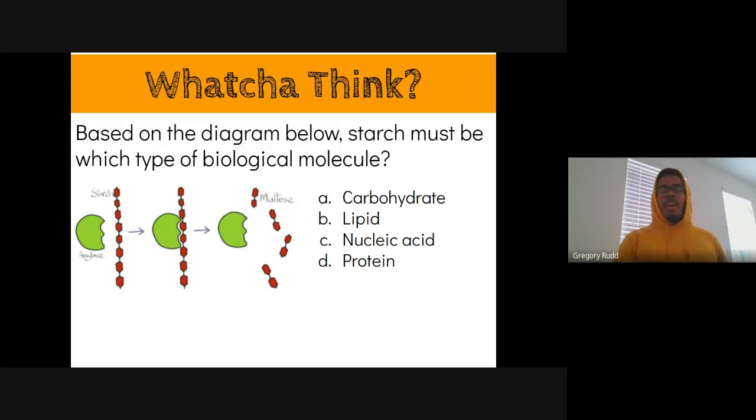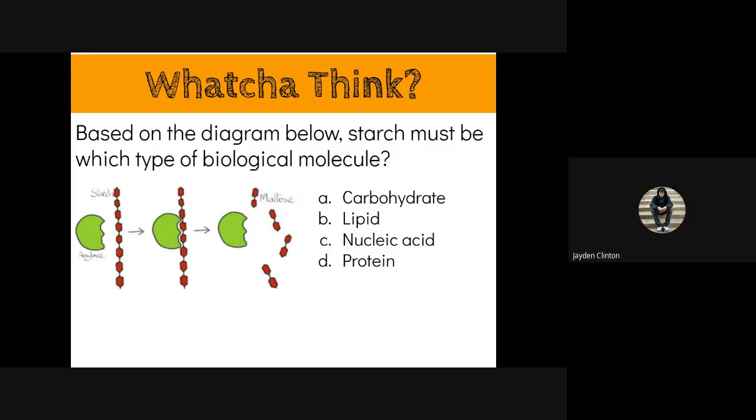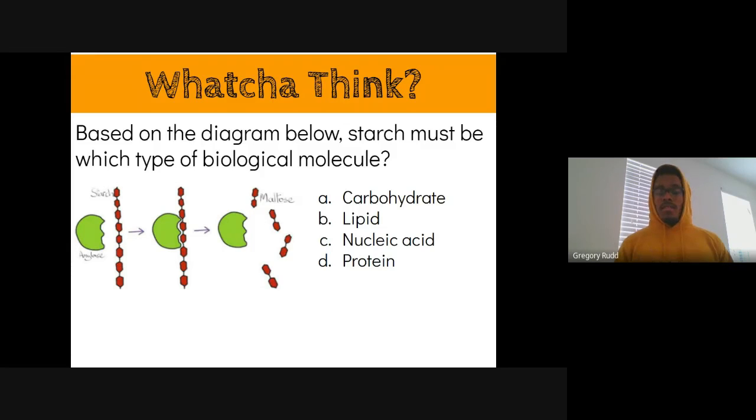Now, we know that because we've talked about it over the last few days, but we can also look at this image and get a hint as well. The hint is that we've got maltose. What do you notice about that word that is the hint? OSE. Excellent. Maltose ends in OSE.